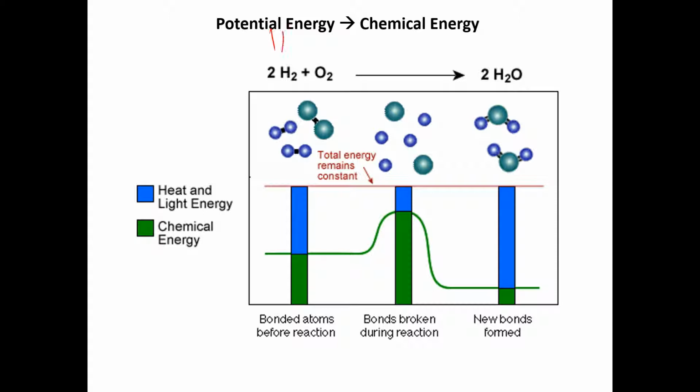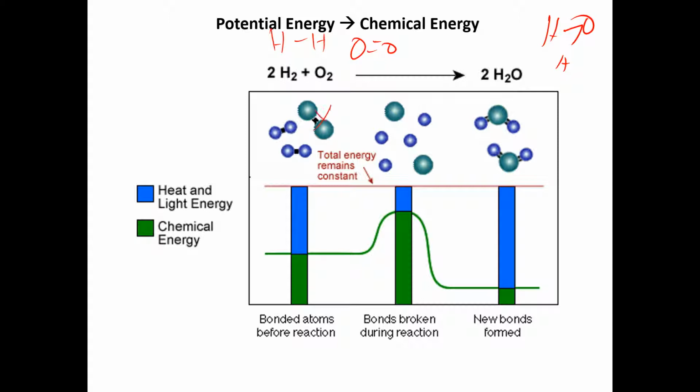So you have your hydrogen molecules, you have your oxygen molecules, and then here you have your little water molecule. And you go from something that's less ordered to something more ordered. In this case, you actually lose potential energy.